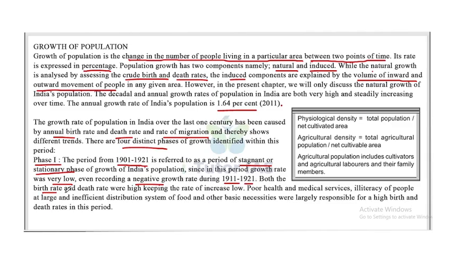Both the birth rates and death rates were high, keeping the rate of increase low. Poor health and medical services, illiteracy of people, and a large and inefficient distribution system of food and other basic necessities were largely responsible for high birth and death rates in this period.